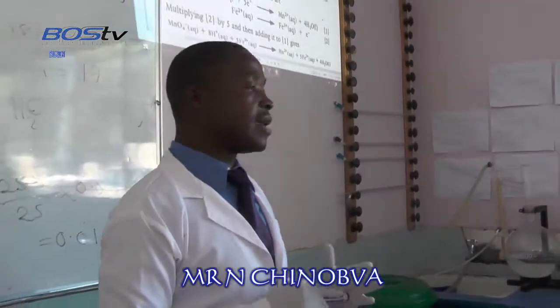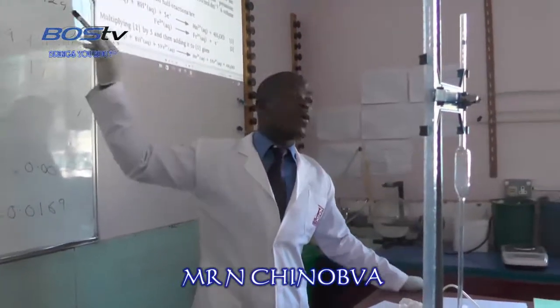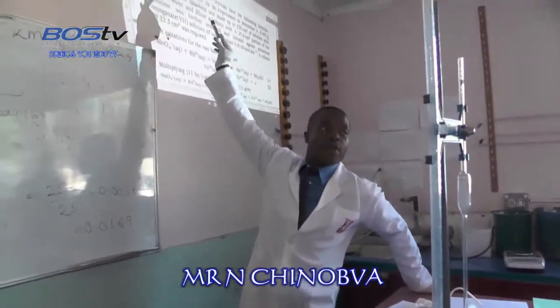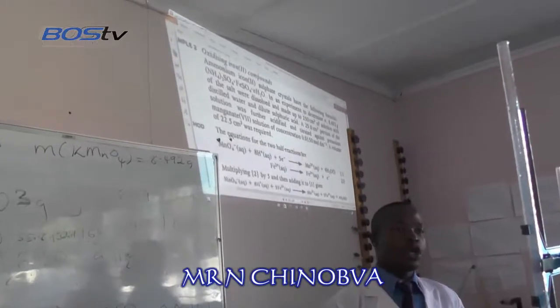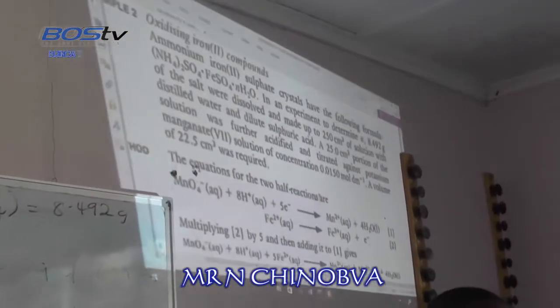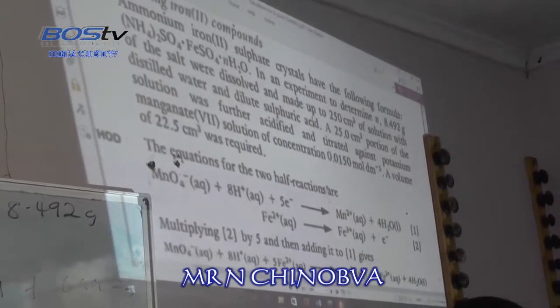You are to determine using titration the molecular formula of your iron 2 salt. So now you are not given this formula. You are to determine that formula from titration. So you are going to find the number of moles. The number of moles converts to Mr. Then from the Mr, you can then determine the formula.